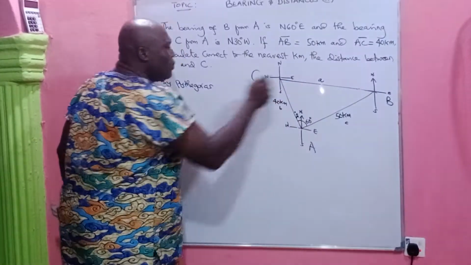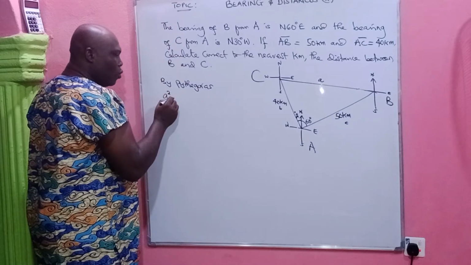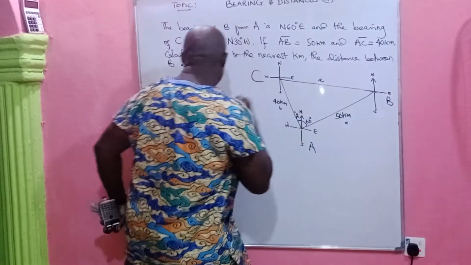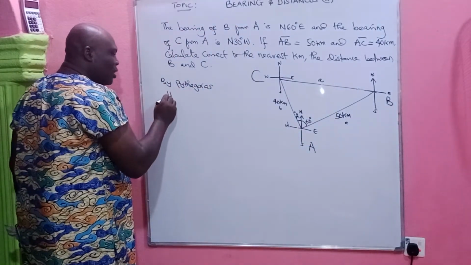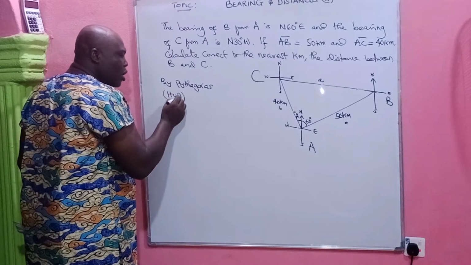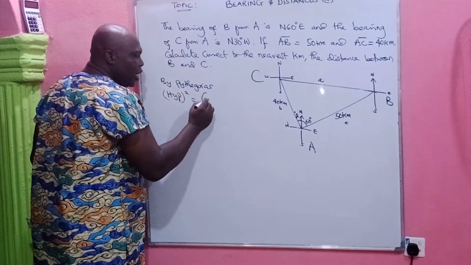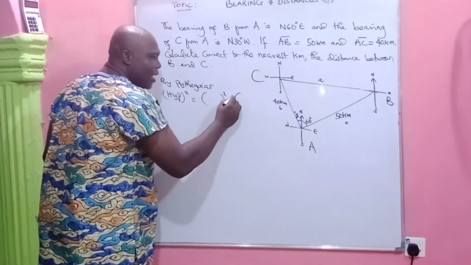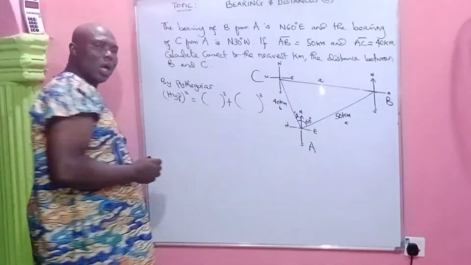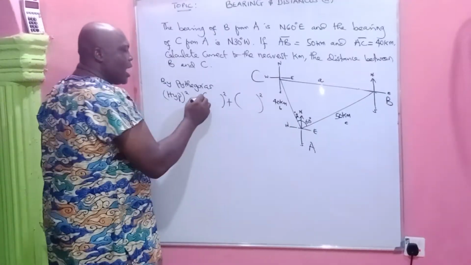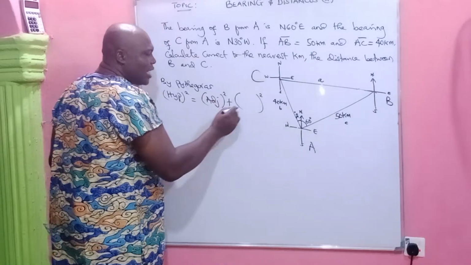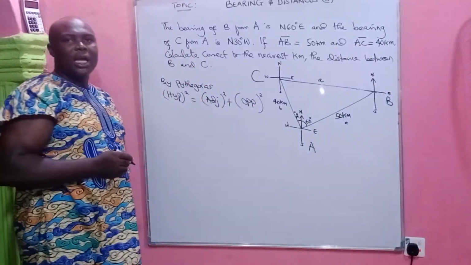So the side we are looking for, a squared, will be equal to, this side is the longest side. By Pythagoras, we have said that the longest side, which is the hypotenuse, the square of the hypotenuse is the sum of the squares of the other two sides. And the other two sides are definitely adjacent and what? Opposite. That's what we did.